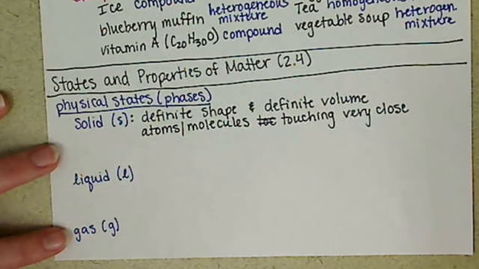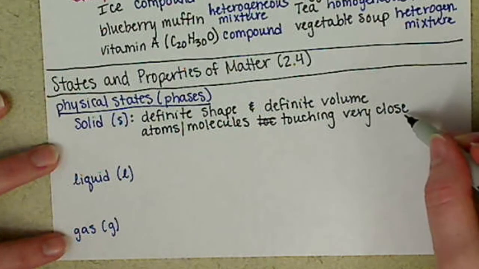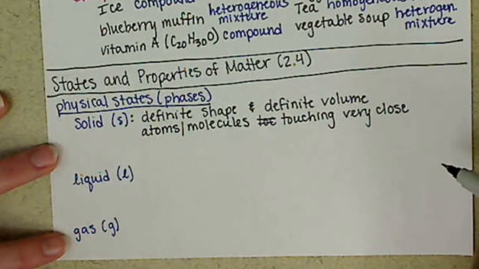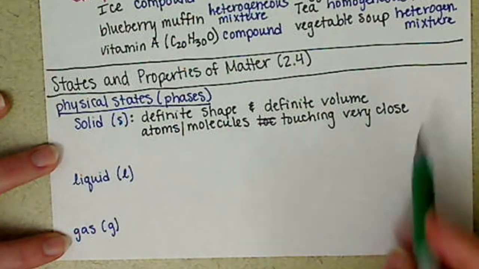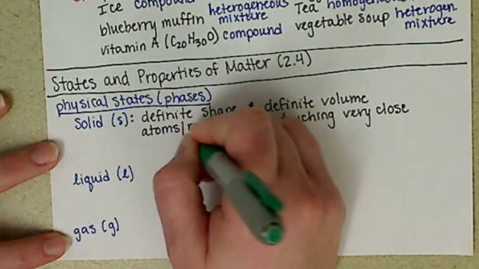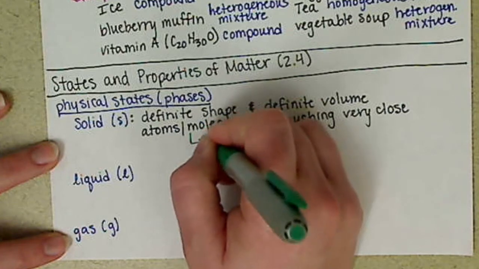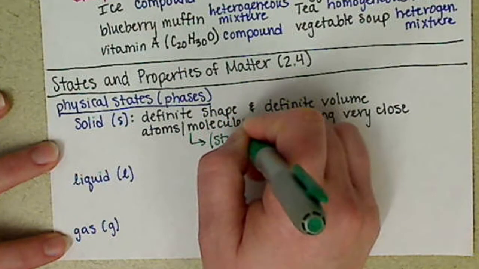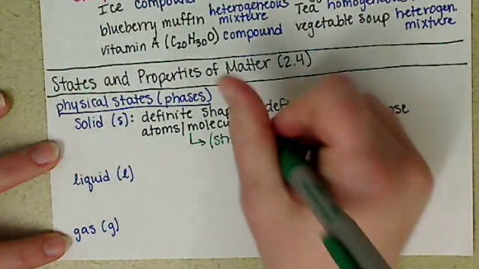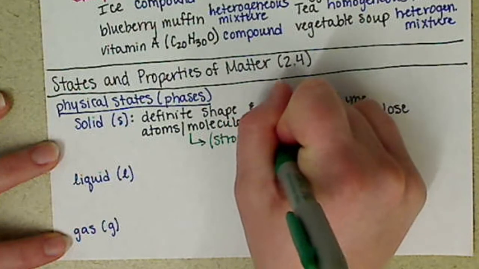And in most solids, they are so close, in fact, that they basically cannot move. They are as close as they can get to each other. Now, in chemistry, when we have atoms or molecules that are very close, this means that they're going to have very strong attractive forces between the molecules.